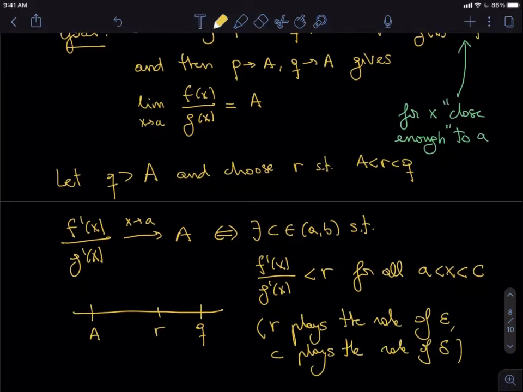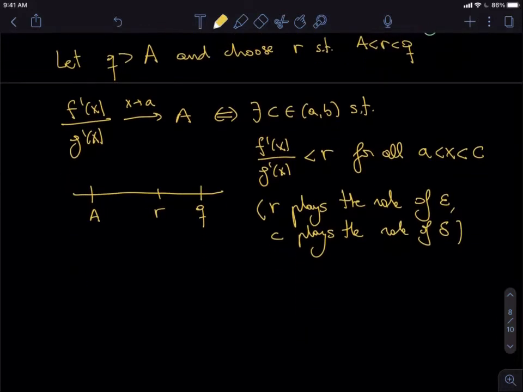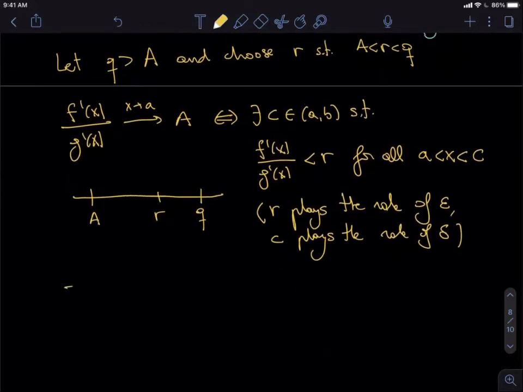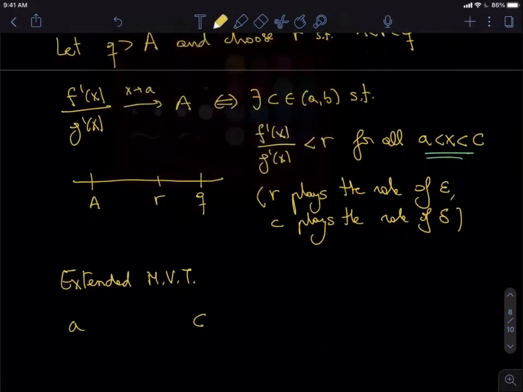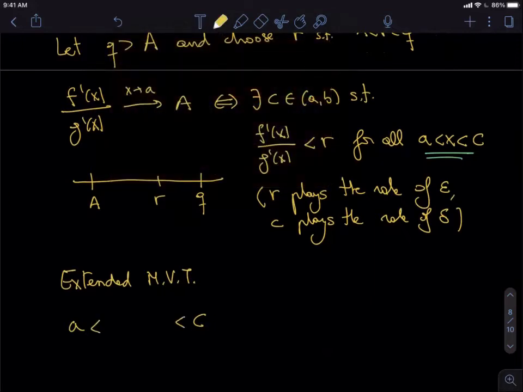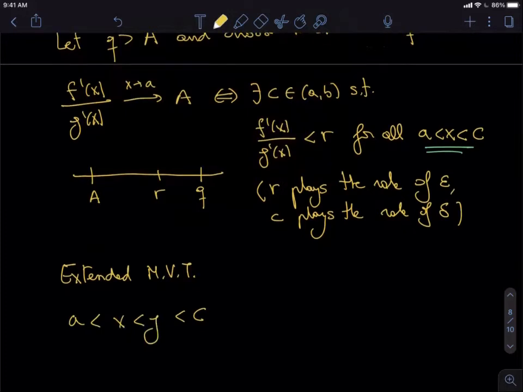Now, here we are in a position that we can use the extended mean value theorem. Okay, we just need to take two points between a and c. Notice here that this is already giving that idea of x close enough to a. So between a and c, we are going to pick two numbers, x and y.